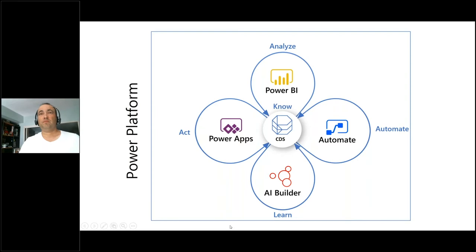So these are all around the Common Data Service. And then they add additional capabilities and features to the platform. So we have the Power Platform, which is, like I said, out of the box, and we have the distinct components that provide different capabilities over data. And then, like I told you, the CDS is really the center and the important part of this whole thing.